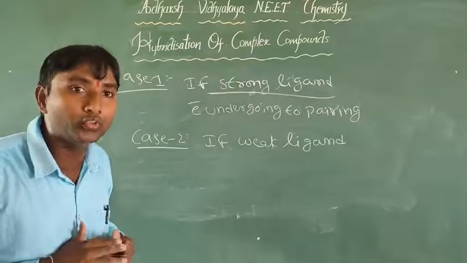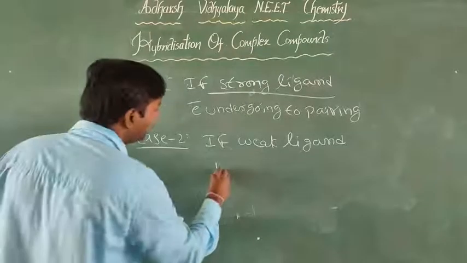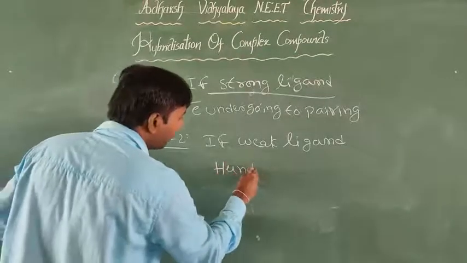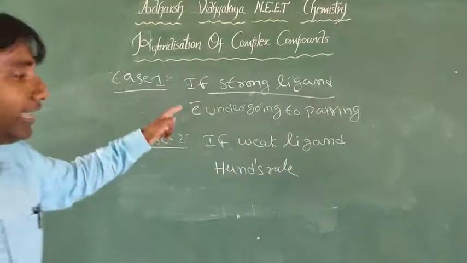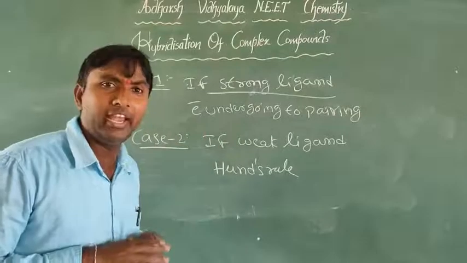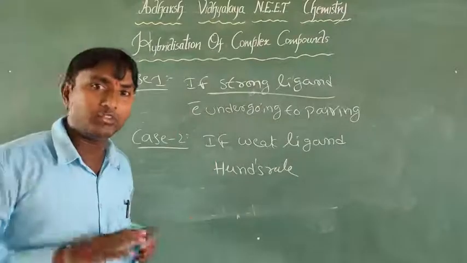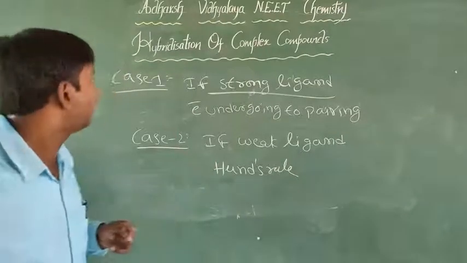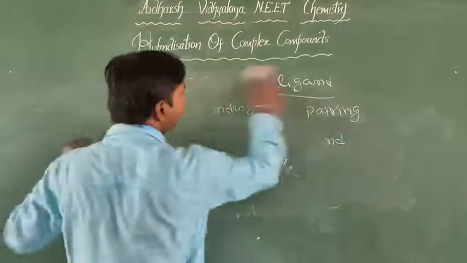Here it follows Hund's rule. Strong ligand means electrons undergo pairing. Weak ligand means no pairing, it follows Hund's rule. Now we have to discuss some examples.